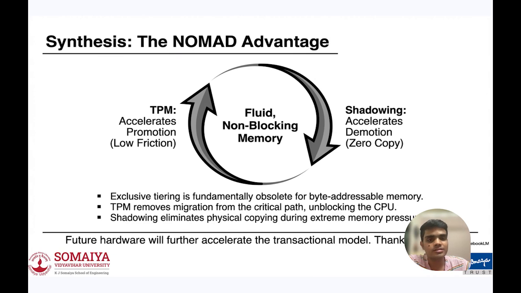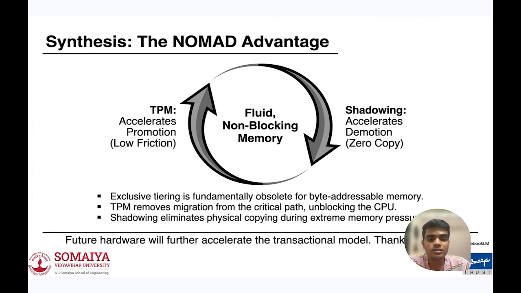Now, the synthesis. Nomad's argument is that exclusive tiering is a fundamentally broken abstraction for byte addressable memory. The performance gap that justified always migrating hot pages no longer exists, so the overhead of doing so now dominates. TPM addresses promotion by removing migration from the critical path through optimistic transaction execution.